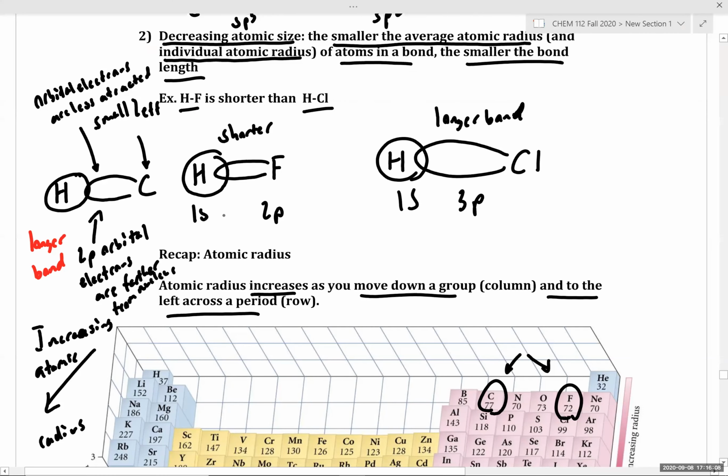It's the same argument that we invoked when we considered orbital energy. For example, we established that the fluorine 2p orbital is lower in energy than a carbon 2p orbital, because in the fluorine 2p orbital we have a greater Z effective, and the electrons are closer to the nucleus.